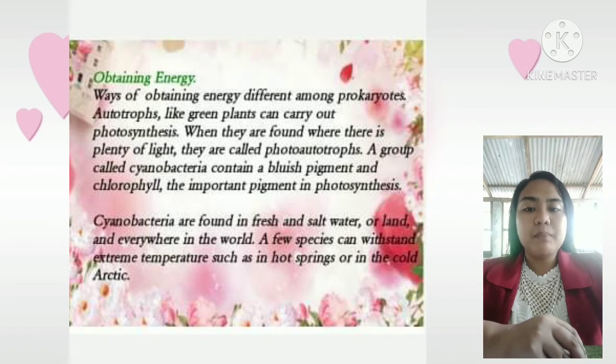So, the important pigment daw po is in photosynthesis. Siya daw po yung difference among prokaryote autotrophs like green plants that carry out photosynthesis. Cyanobacteria are found in fresh and salt water, on land and everywhere in the world. A few species can withstand extreme temperatures such as hot springs or the cold Arctic.